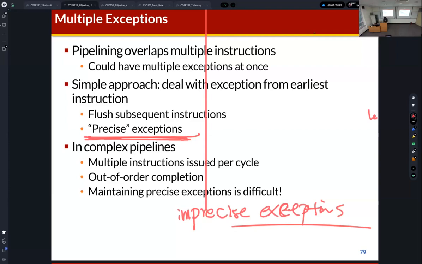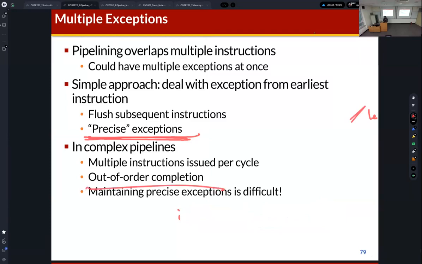It is because modern processors support out of order processing, and sometimes some processors cannot support precise exceptions. So in this case, the imprecise exceptions. The exceptions are just reported to the operating system, and the operating system just estimates the problematic instructions.